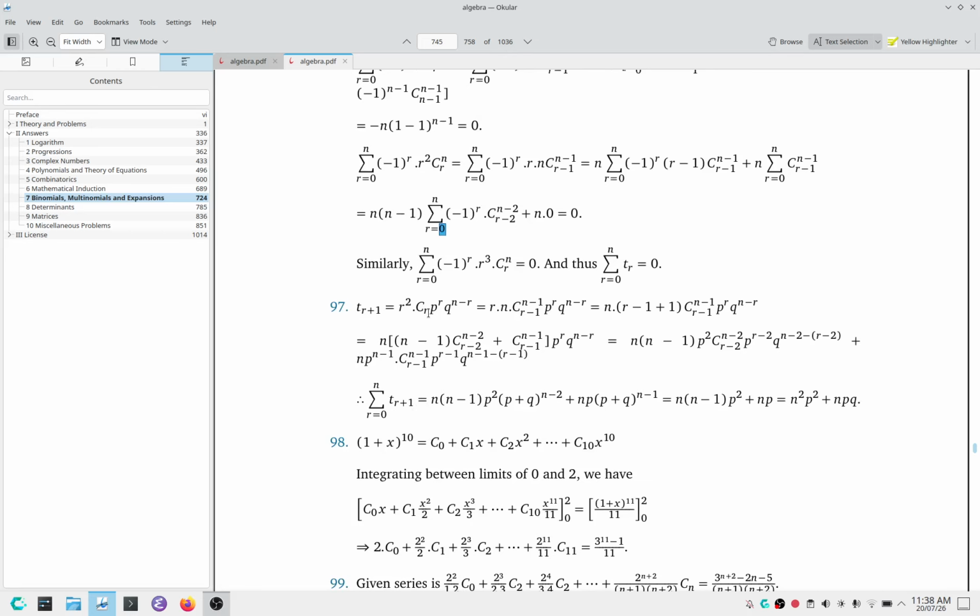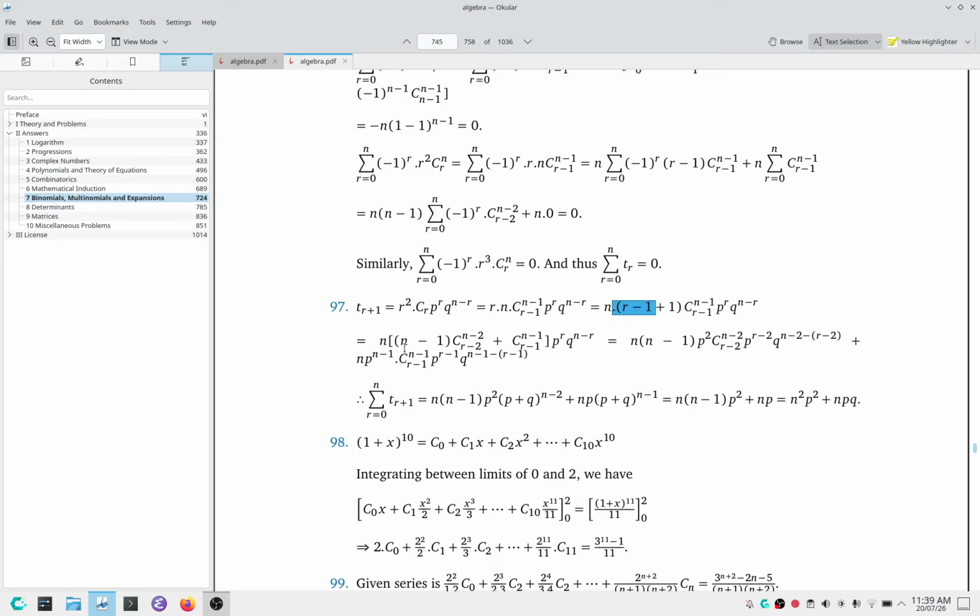So we are given this term, which we can write as r times n minus 1 C r minus 1, which further gets reduced to n times (r minus 1 plus 1) n minus 1 C r minus 1. The powers of p and q are the same, so I'm not taking that.